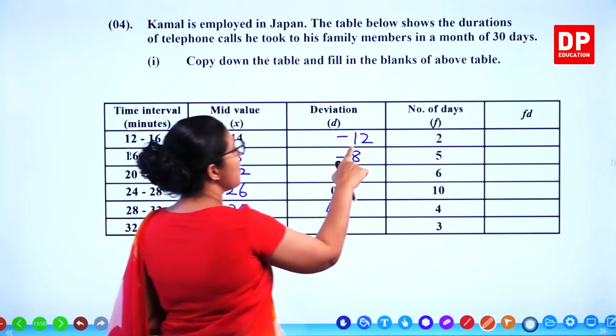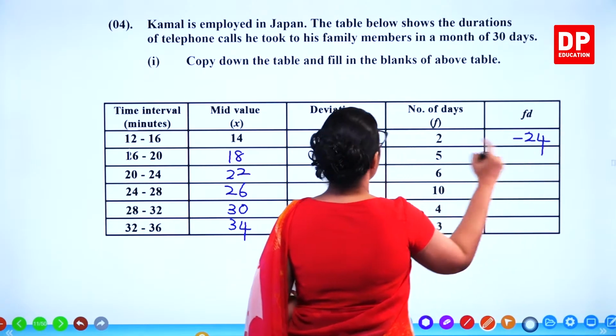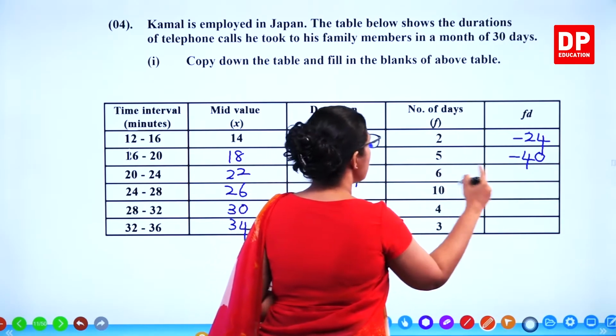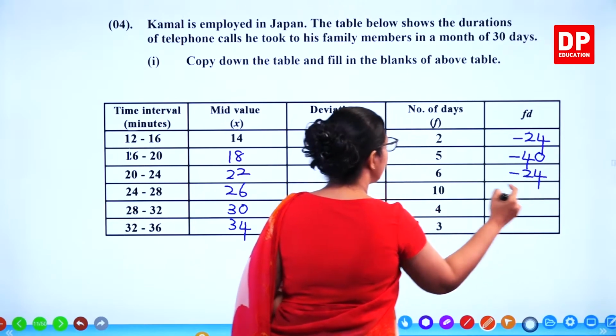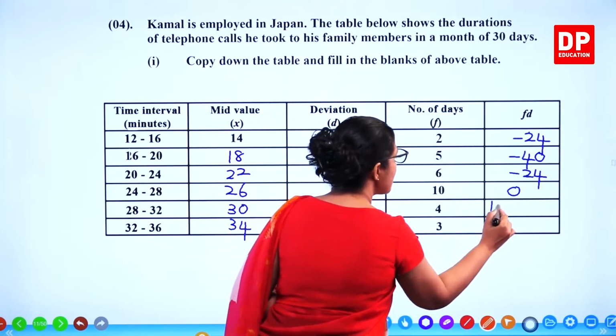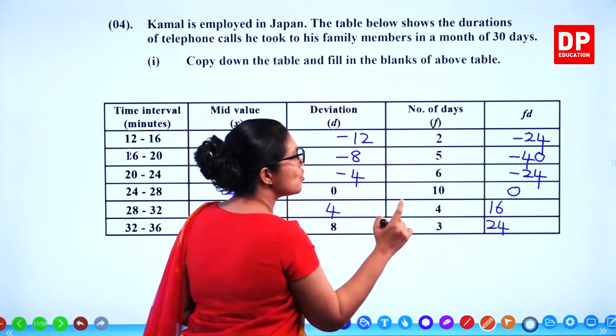Now FD, f into d. Minus 12 into 2, minus 24. 5 times 8, 40. 4 times 6, minus 24. 0 times this, 0. 4 times 4, 16. 8 times 3, 24. Now we'll take the addition.